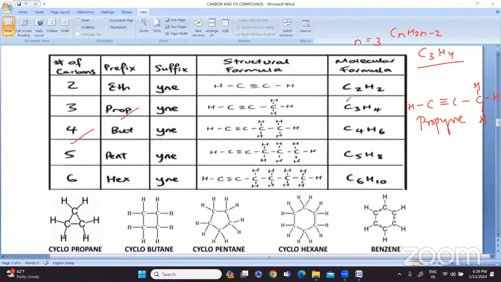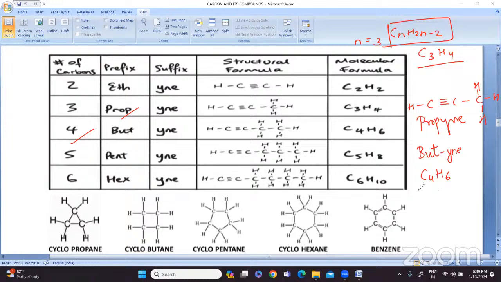Then when you have the number of carbon atoms as 4, if you put n equal to 4 in the formula CnH2n minus 2, what do you get? As I said, the prefix remains the same. It is but, and YNE is when you have a triple bond. So you will get C4H6.